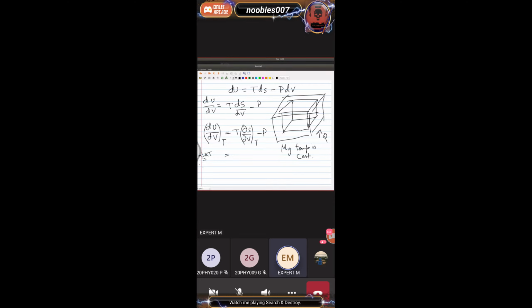And if you have N particles, then the total is N m kT by 2. So the temperature is the only thing that increases or decreases your U. Volume and pressure are not the things for an ideal gas.